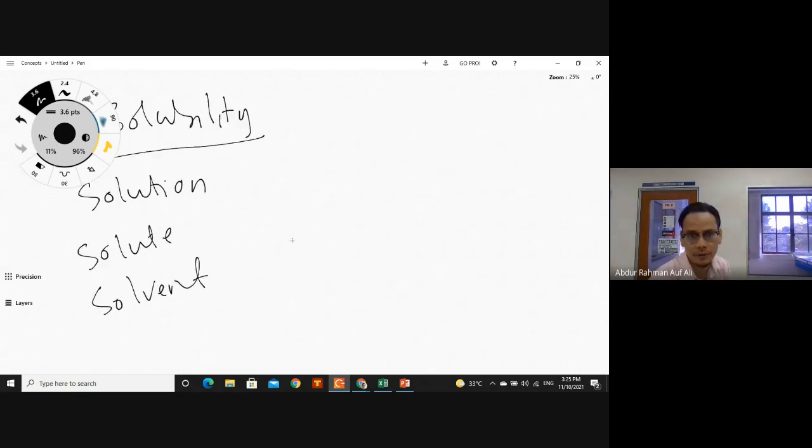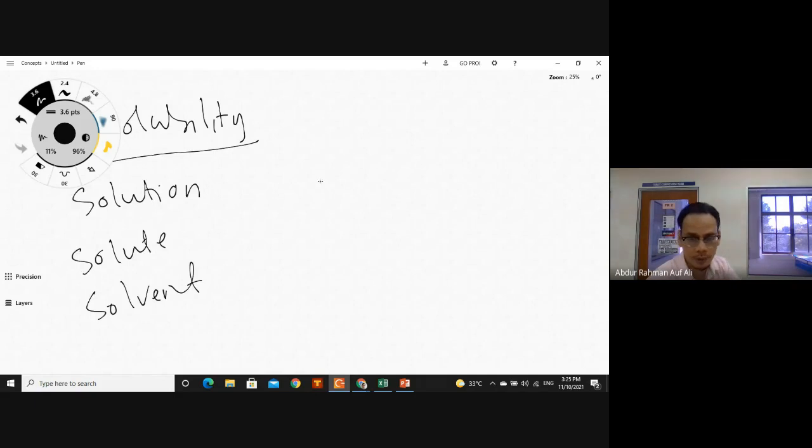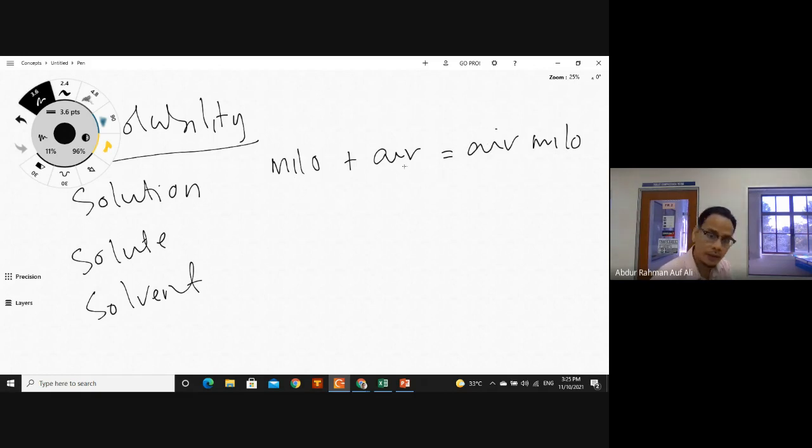I always give out example air Milo. If you want to make air Milo dekat rumah, you would need to mix serbuk Milo, okay, Milo powder tambah dengan air, and then you would get air Milo. These are the basic ingredients, the basic makings of air Milo. Okay, Milo powder tambah air panas, kacau, kamu dapatlah air Milo.